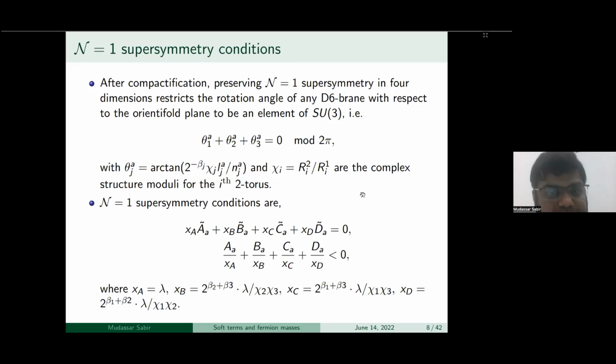And theta is defined by the inverse tangent, and chi are the complex structure moduli for any of the two-tori. So N equal to 1 SUSY conditions imply the following constraints. Here I have written x_A equal to lambda, which is just a reparameterization, and similarly x_B and x_C.